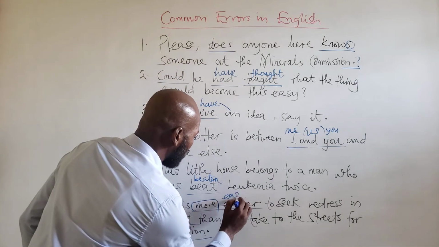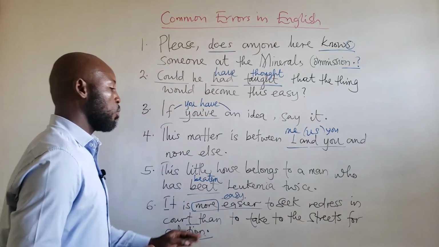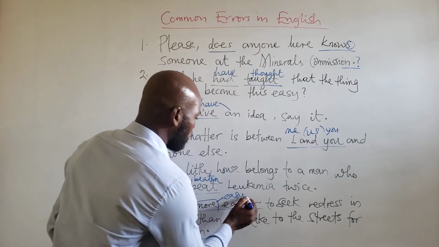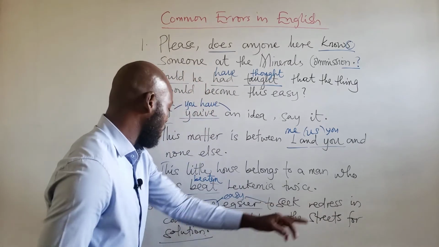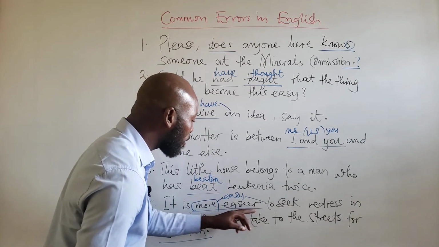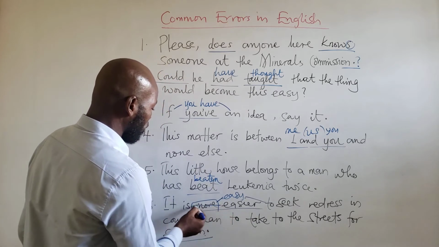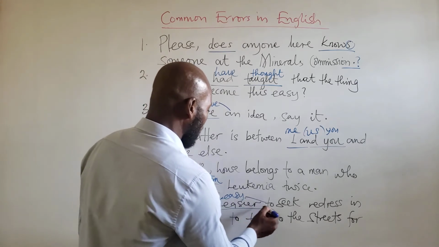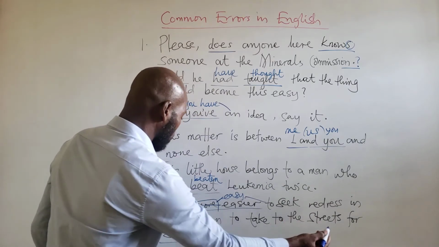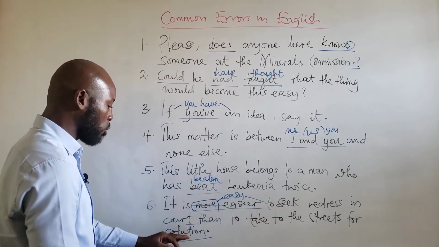So it is more easy to seek redress. It is more easy to seek redress in court. Or it is easier without more. It is easier to seek redress in court than to take to the streets for solution.